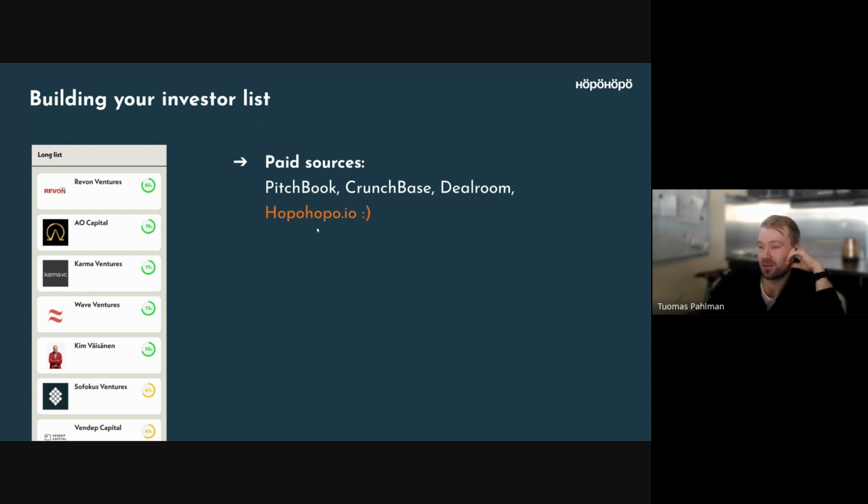Why we originally started our platform, and where the name comes from, is actually the data quality. One of the challenges you will have with Crunchbase, Dealroom and these platforms that scrape information is: can you trust it? If you spend time going to investors' websites, Crunchbase, Dealroom, and they have conflicting information, it's really hard to know whether they are investing in that industry or that industry.